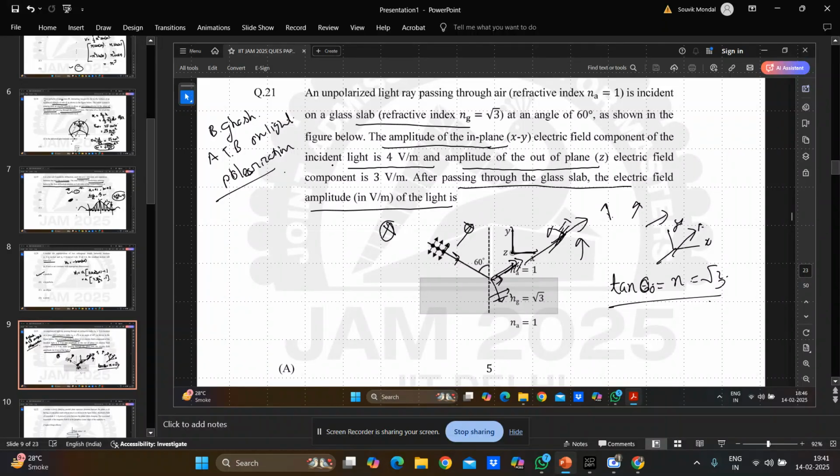That means the parallel part is 4 volt per meter, and the perpendicular part is the 3 volt per meter. They are asking about after passing through the glass slab, so for this medium it is 4 volt per meter only. The 3 volt per meter, which is the perpendicular component, has gone to the reflected part. This is a good concept, polarization by refraction.